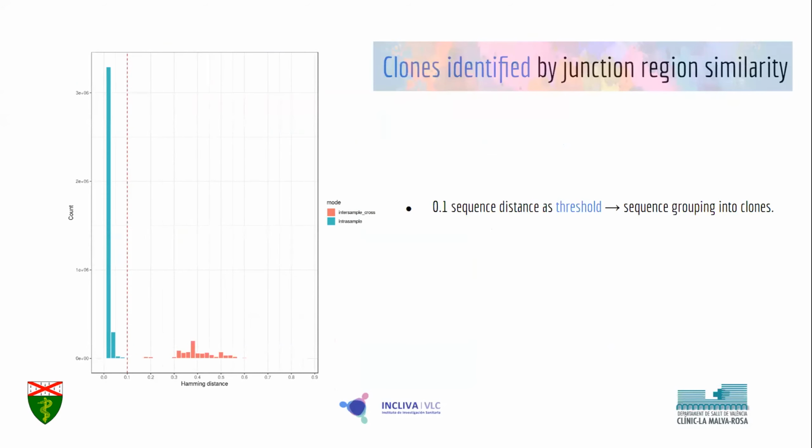The next step was to define a threshold for the sequence distance to be considered when clustering sequences in the same clone, so as to detect the ones that are clonally related.